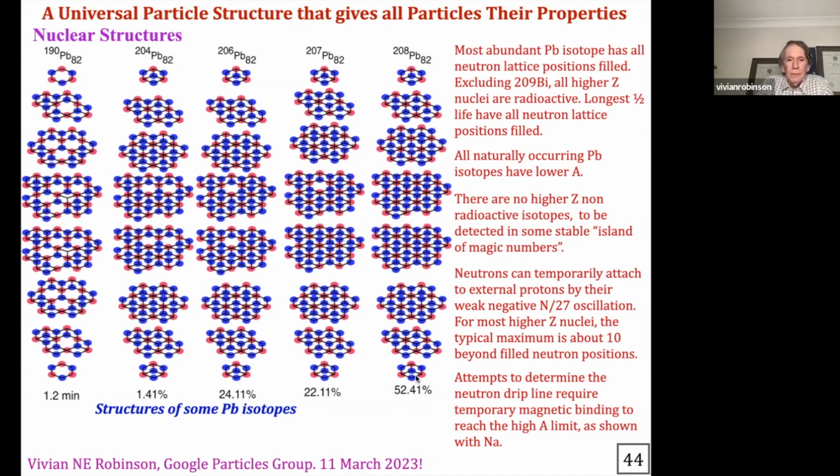In order to get the high number they give with sodium, you do need a bit of magnetic binding only, and those isotopes are very, very short-lived. They're doing that so they can learn something about the structure of nuclei. And I respectfully suggest that if they use this model, they'll get a lot further than they will with the way they're currently heading.